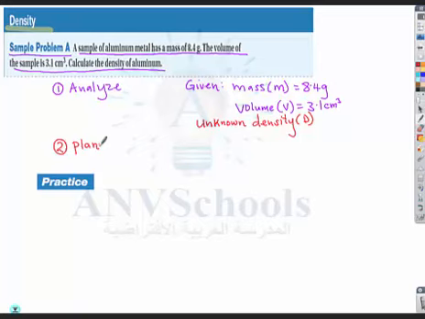So when we are planning, from our knowledge, we know that density is mass divided by volume. We know that density is mass divided by volume. So that is our analysis.